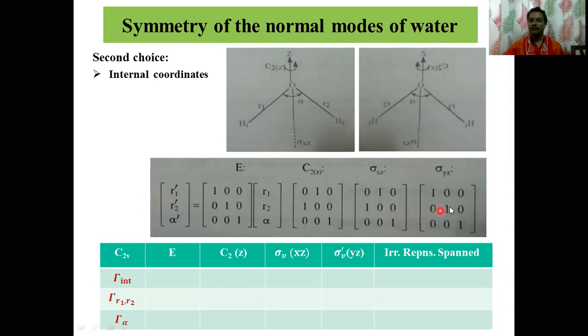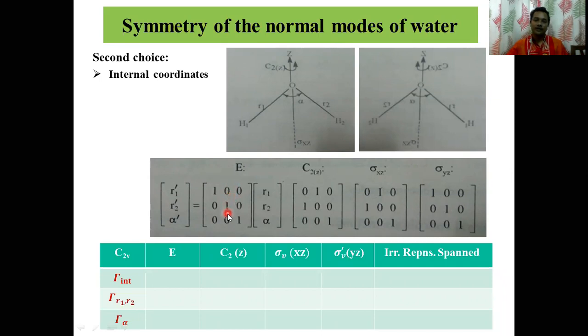And if I go for yz, then of course all the atoms are on the plane, so R1 remains R1, R2 remains R2, and this alpha remains unchanged. So this one is exactly the same as the matrix representation for the identity.